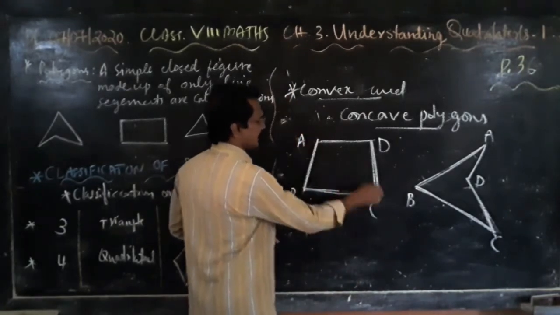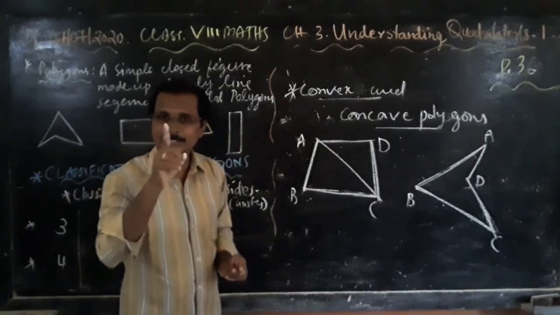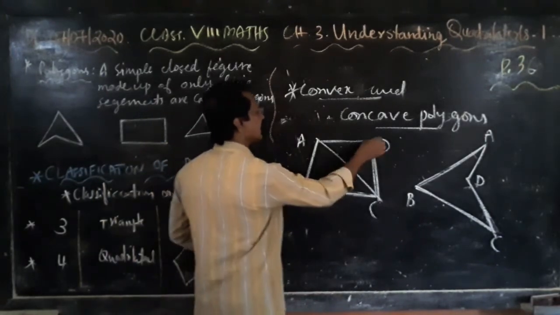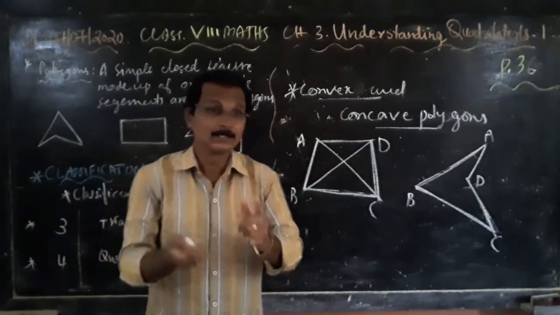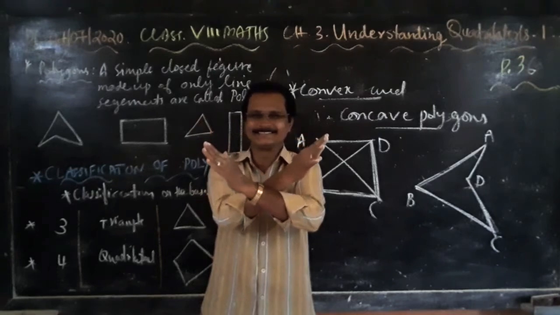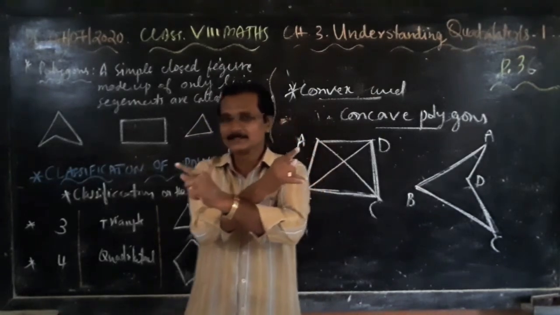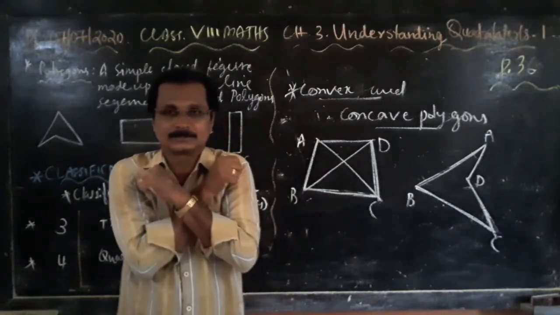Now, find out the opposite vertices. Opposite vertices A and C. So, diagonal. Okay. Now, second one is B and D. Another diagonal. What is happening here? The diagonals are intersecting each other. Correct?